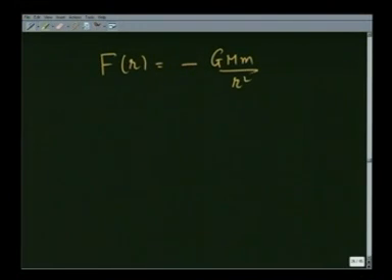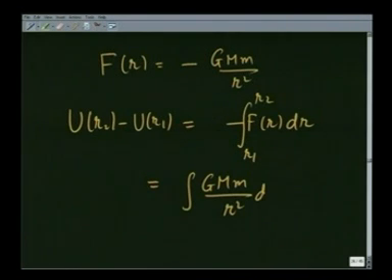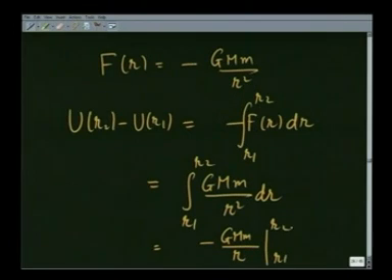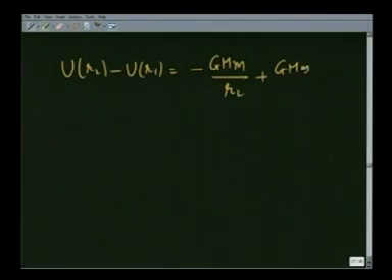So, if I were to calculate the potential energy at a point r2 with respect to r1, this is going to be minus the integral of F(r) dr, and I move the particle along the radial line from r1 to r2, and this gives me the integral of G m m over r square dr from r1 to r2, which is equal to minus G m m over r2 plus G m m over r1, and therefore, I get U(r2) minus U(r1) as equal to minus G m m over r2 plus G m m over r1.